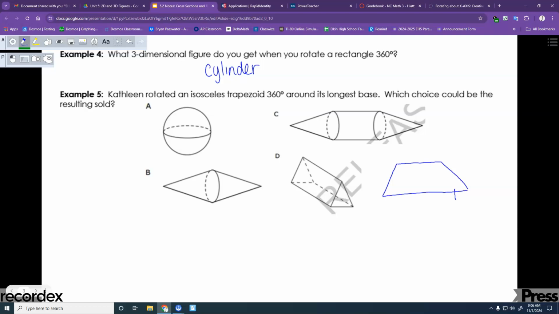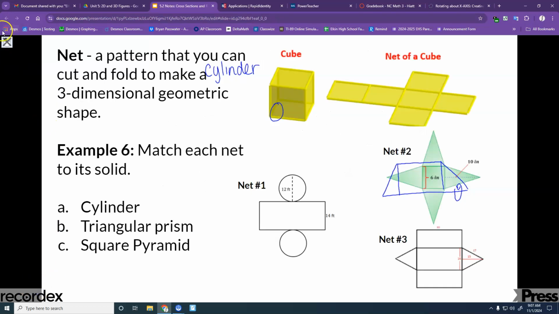And then you're rotating it around that longest base. It's going to be C. This middle part is like a rectangle, so that's going to give you a cylinder in the middle. And the two side parts, those triangles, are going to be like cones. Okay? Questions on that? Good, because I don't know if I could explain it any better.